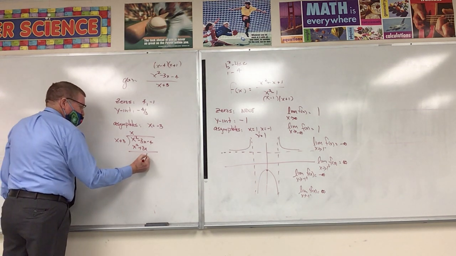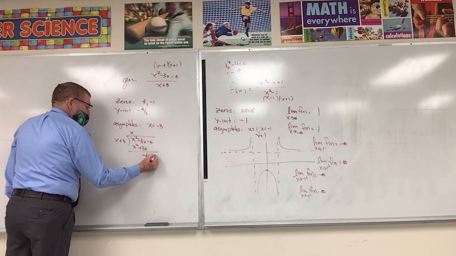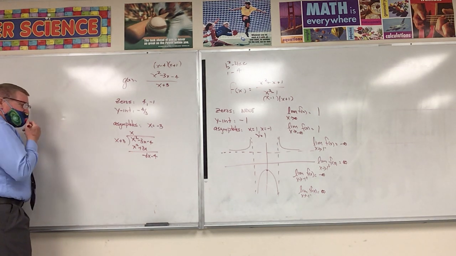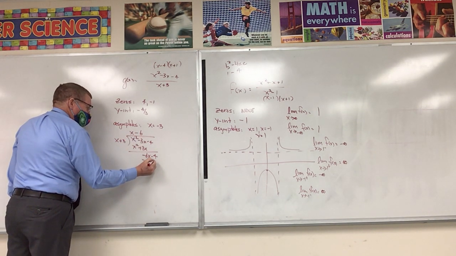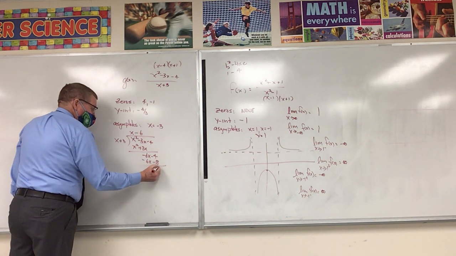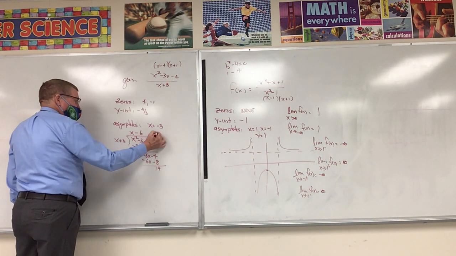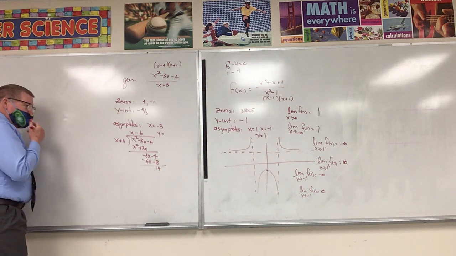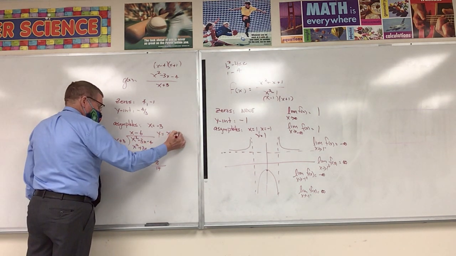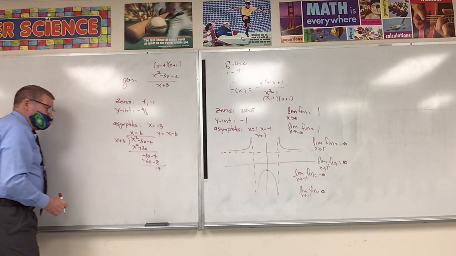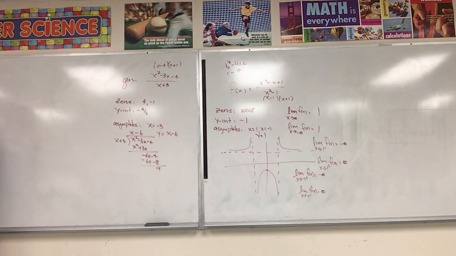Subtract: negative 6x minus 4. x goes into negative 6x negative 6 times. So my slant asymptote is y equals x minus 6. I don't really have to put the 14 over x plus 3. You can if you want, but you don't have to because that doesn't have any dealings with this.